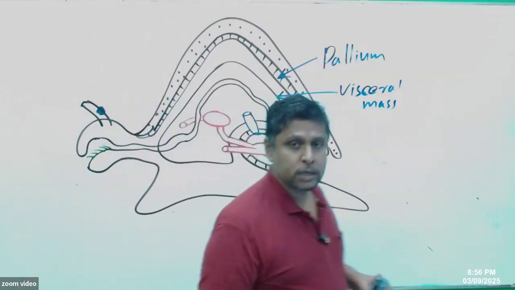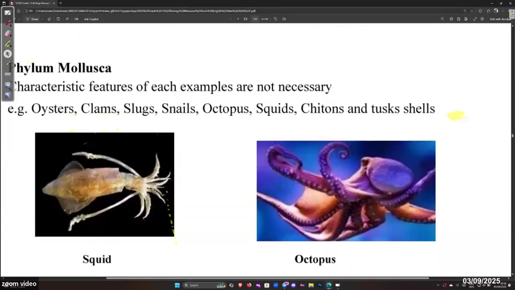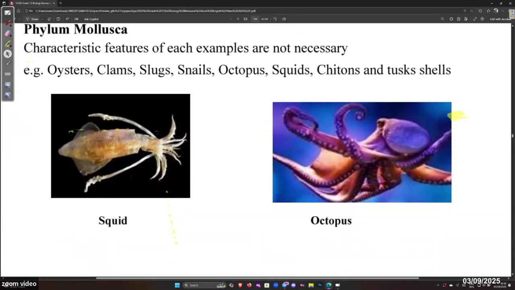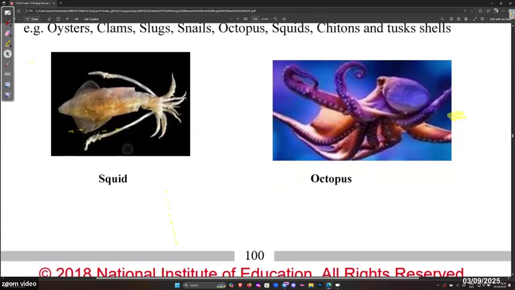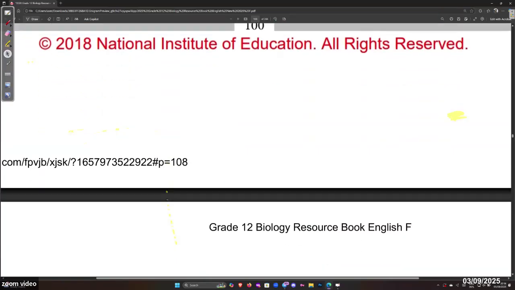Shall we check the Mollusca details? Phylum Mollusca. Characteristic features of each example not necessary. So oysters, clams, slugs, snails, octopus, squids, chitons, and tusk shells. A lot of examples present.